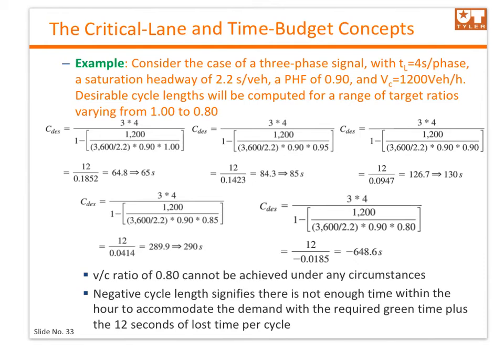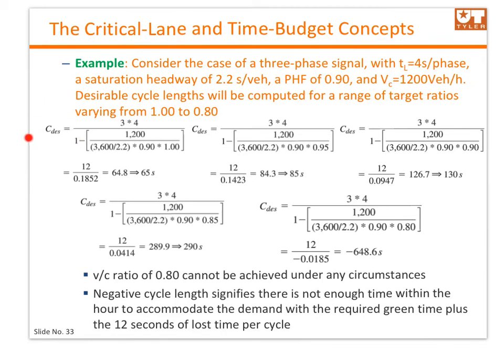Peak hour factor is 0.9. VC, the volume, is 1200 vehicles per hour. Now we need to get the desirable cycle length, computed based on a range of target ratios from 1 all the way down to 0.8.